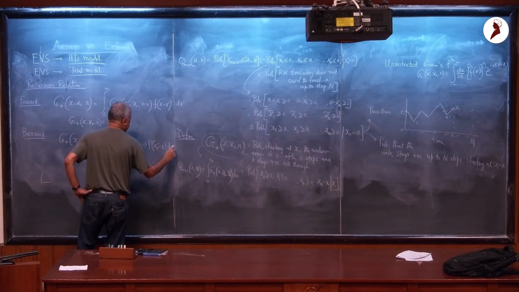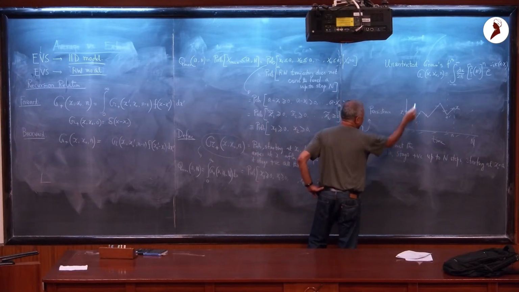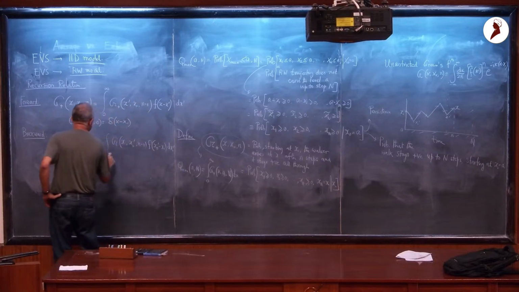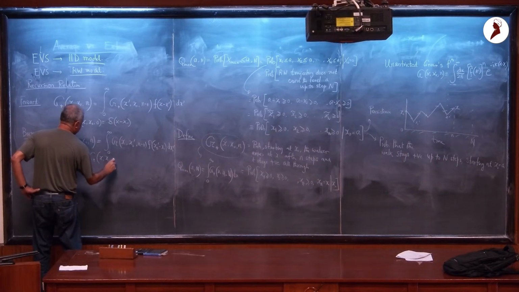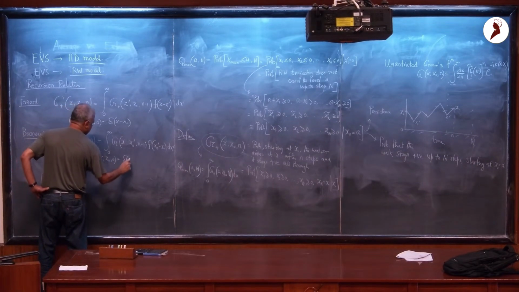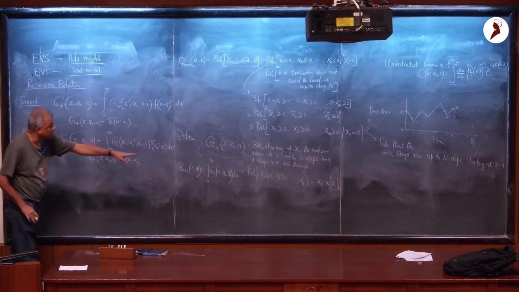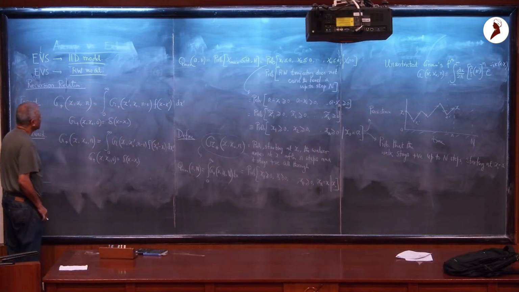And again, the value after the first jump can be anything from 0 to infinity, with the same initial condition. So I need to solve this G plus, and then do the integral over dx to get this, okay?